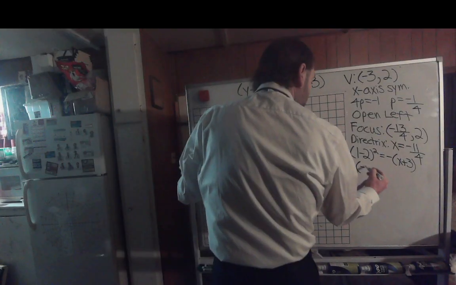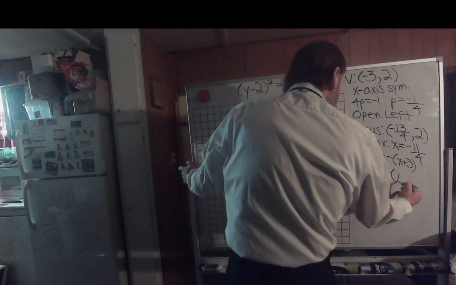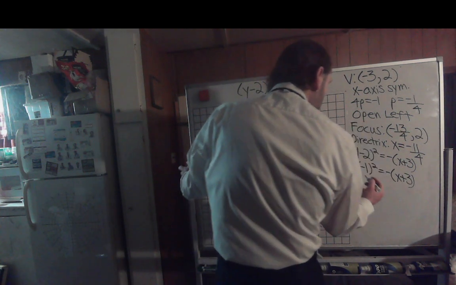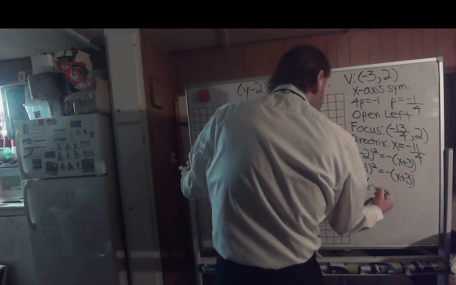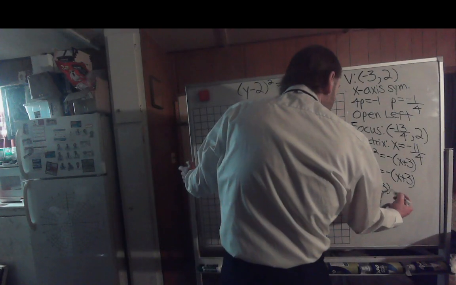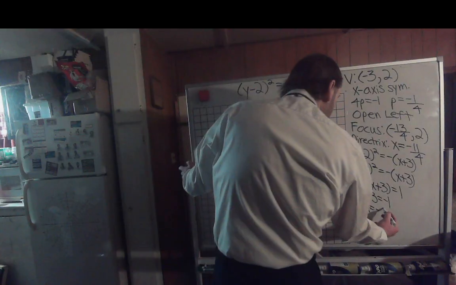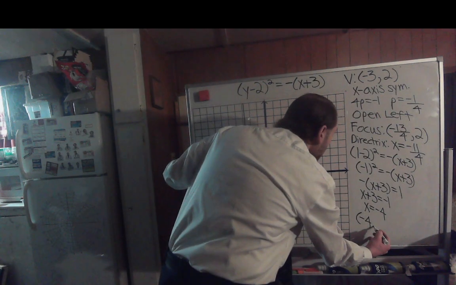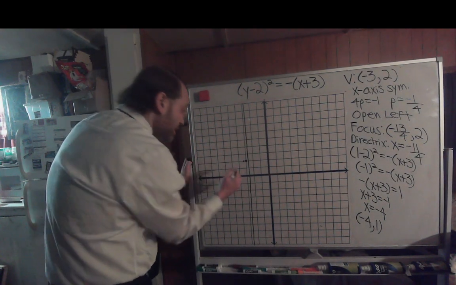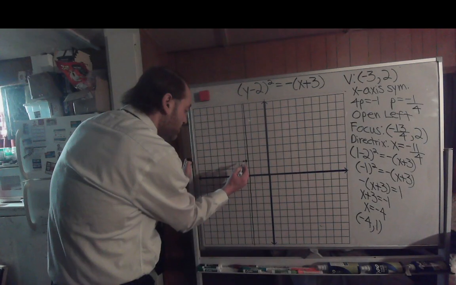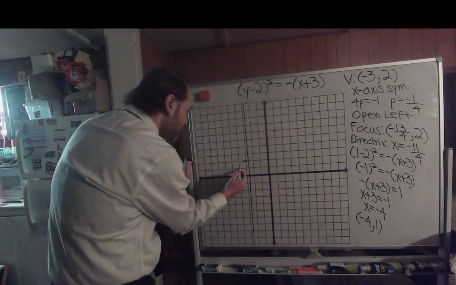So this would give you (negative 1) squared equals the negative of (x plus 3), which would have to mean then that negative of (x plus 3) equals 1, so x plus 3 would equal negative 1, so x would have to equal negative 4. So you would get the point negative 4, 1. So you would end up getting the point negative 4 for x and then 1 for y.